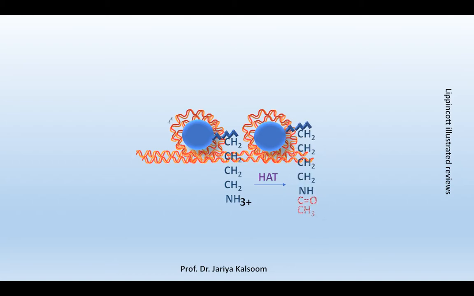A major component of chromatin remodeling is the covalent modification of histones. For example, the acetylation of lysine residues at the amino terminus of histone proteins by histone acetyltransferases eliminates the positive charge on lysine, thereby decreasing the interaction of histone with the negatively charged DNA.